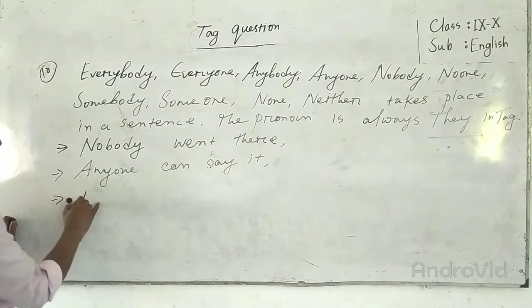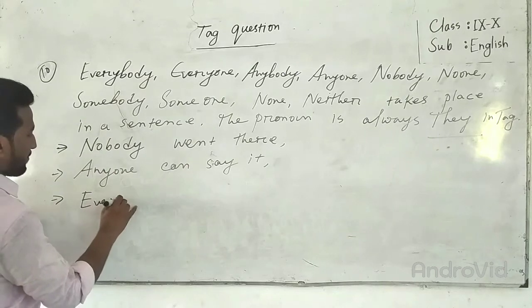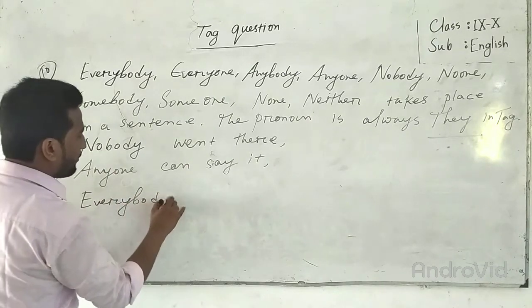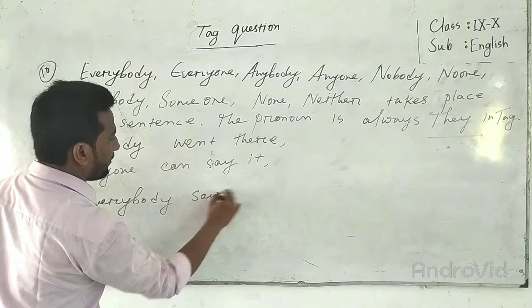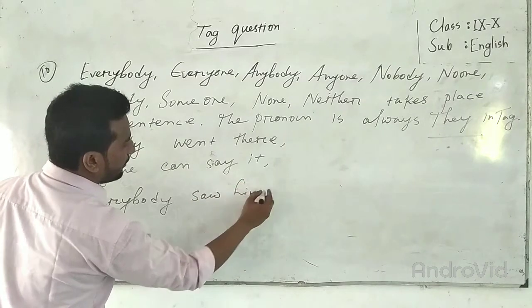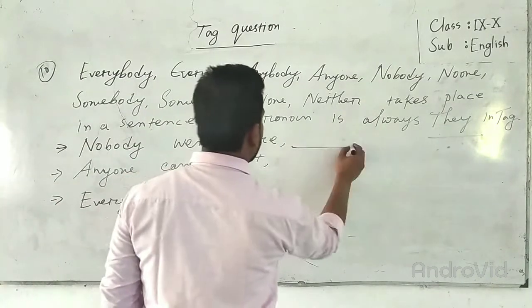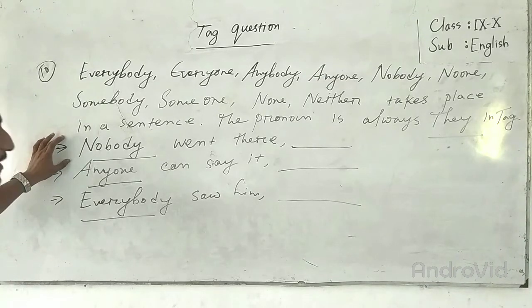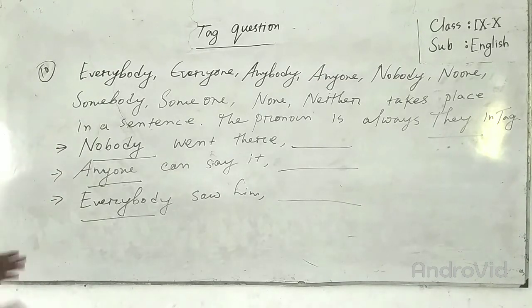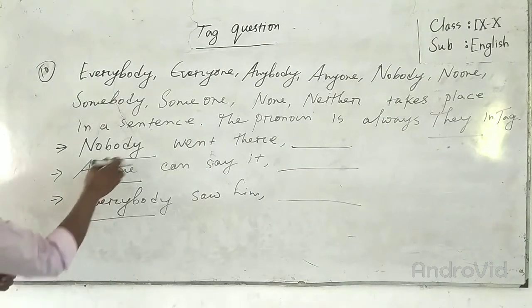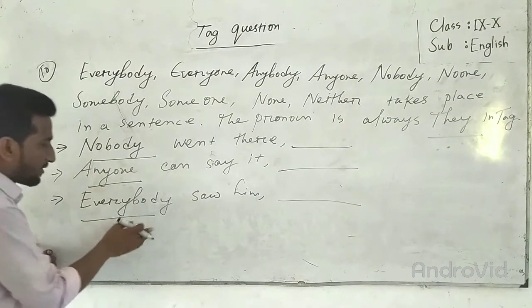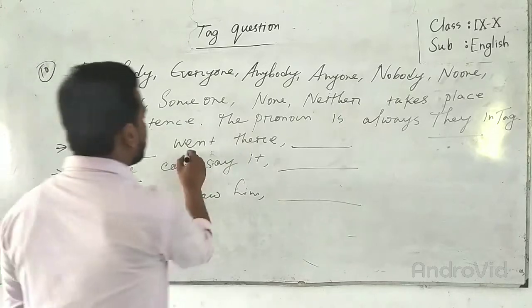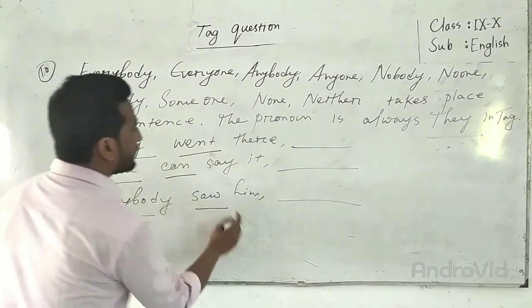The next one, everybody saw him. There, students, in three examples I have written nobody went there, anyone can say it, everybody saw him. Here subject is nobody, here subject is anyone, here subject is everybody. Here verb is went, can and saw.